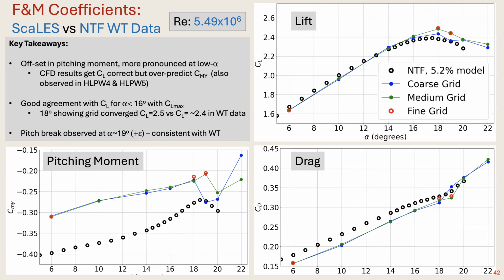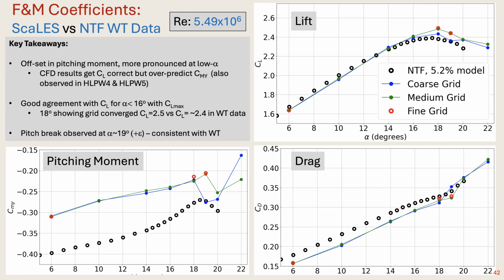And when we compare with the data from NTF, the offset in the pitch moment is more pronounced at low alpha, right? So we really don't know why this happened, but we observed in the high lift prediction workshop 4 and 5.